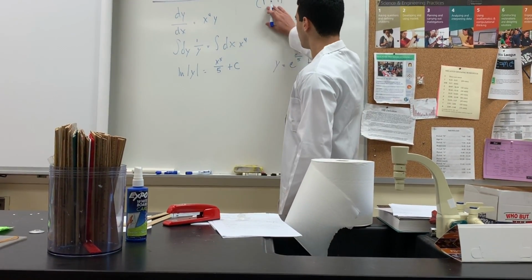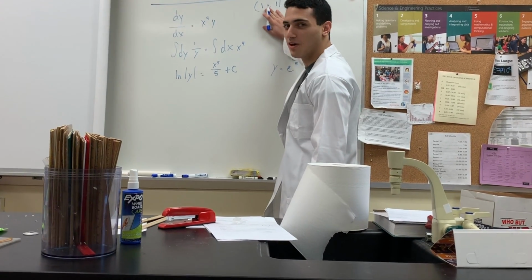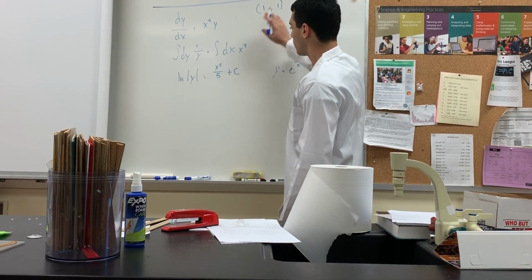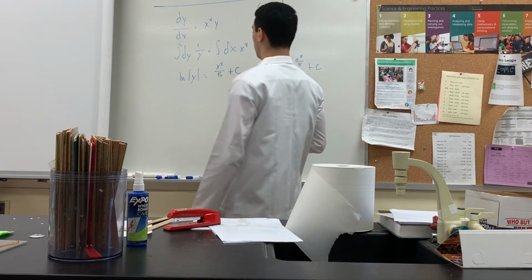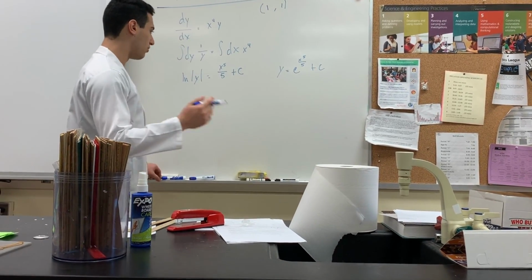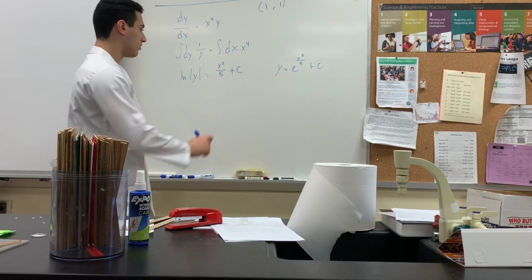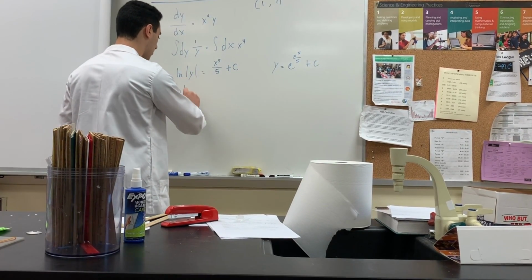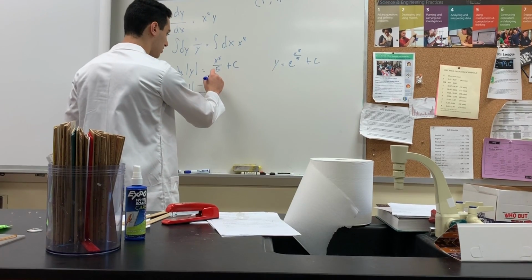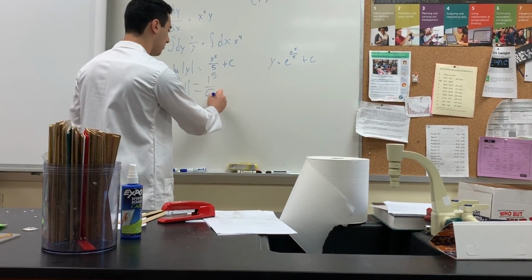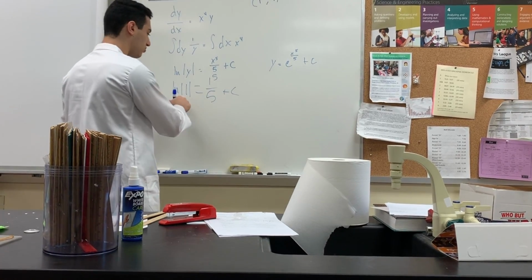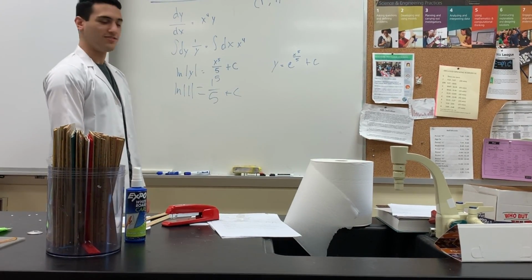Now, we are trying to find the particular solution for this equation at (1, 1). So that means we need to plug in 1 for y and 1 for x. So the natural log of 1 equals 1 to the fifth over 5 plus c. The natural log of 1 is what? 0.